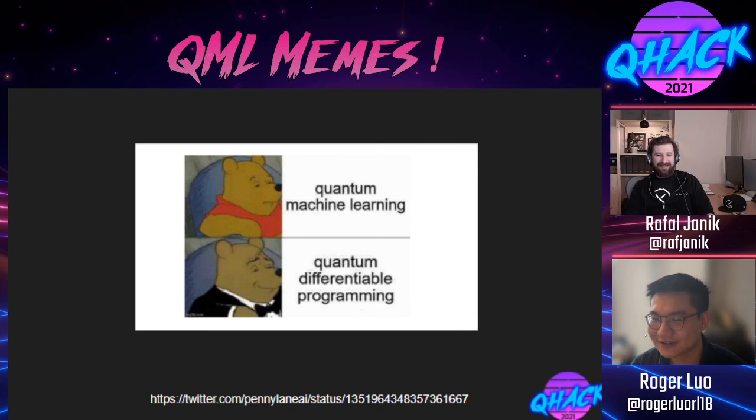But I do like the dignity of the term quantum differentiable programming as opposed to the problematic quantum machine learning. What are your thoughts on the distinction and how we should classify this whole approach to quantum computing? Yeah, I also support the phrase quantum differentiable programming. Differentiable programming is part of the future direction of software as well.